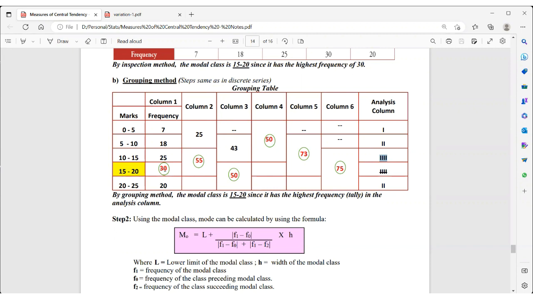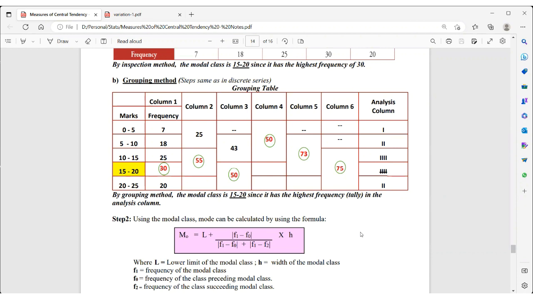Now next, 30. For this column, 30 itself, 1, 2, 3, 4, and 5. 5 times. We make 4 straight lines, then cross them, it means 5. So this comes to be 5. Similarly, the last one, 50 and 75. 2 times, we write 2 bar.